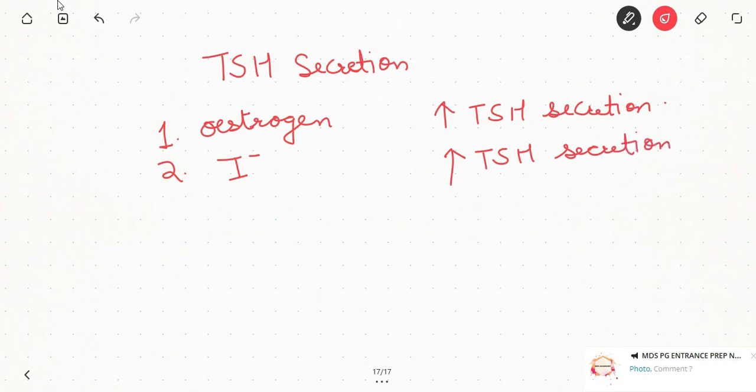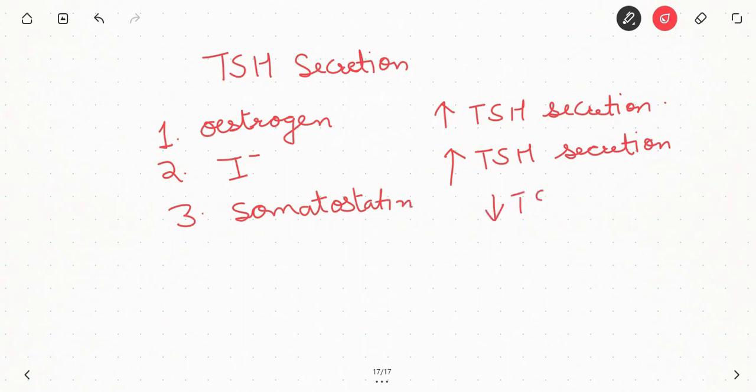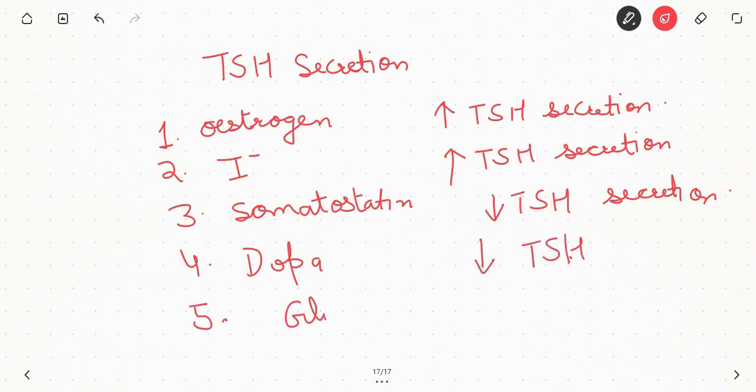Third is somatostatin, which inhibits the TSH secretion. Fourth, dopa and dopamine decrease the TSH secretion. Fifth, glucocorticosteroids decrease the TSH secretion.